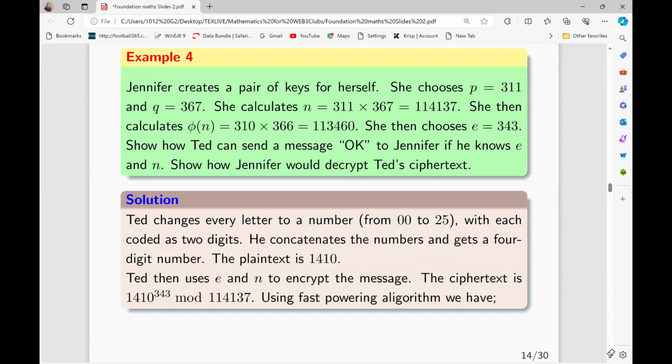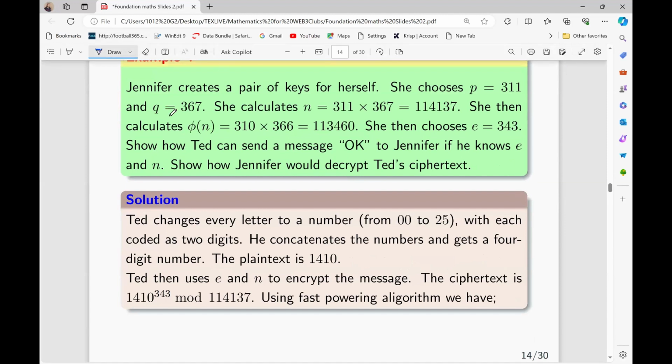There's this lady that wants to receive messages from people. So she creates a public key and her private key.